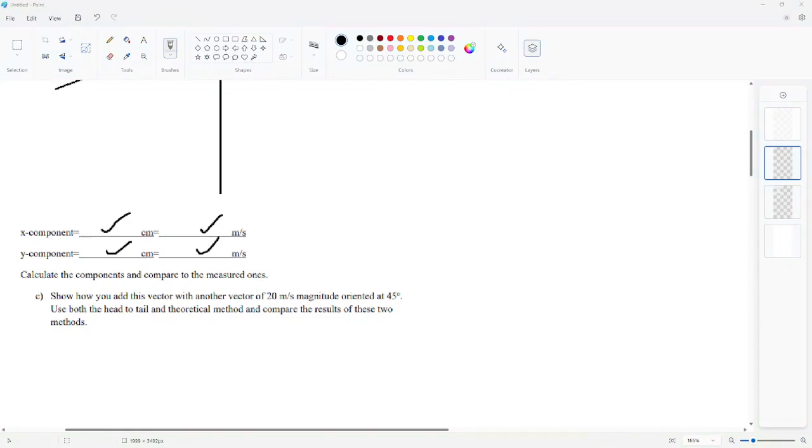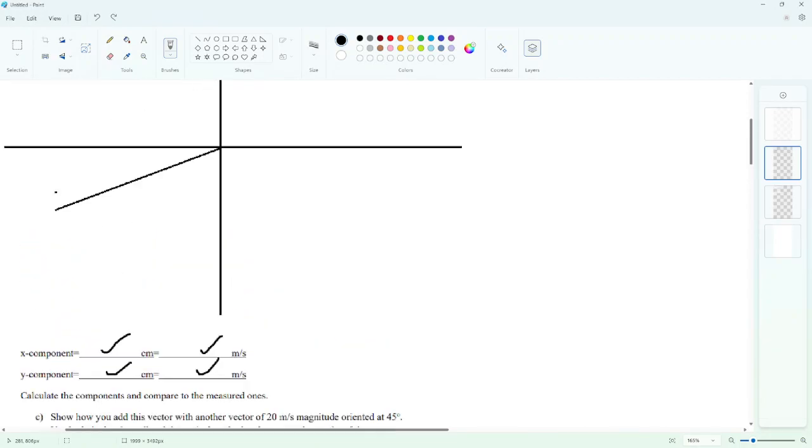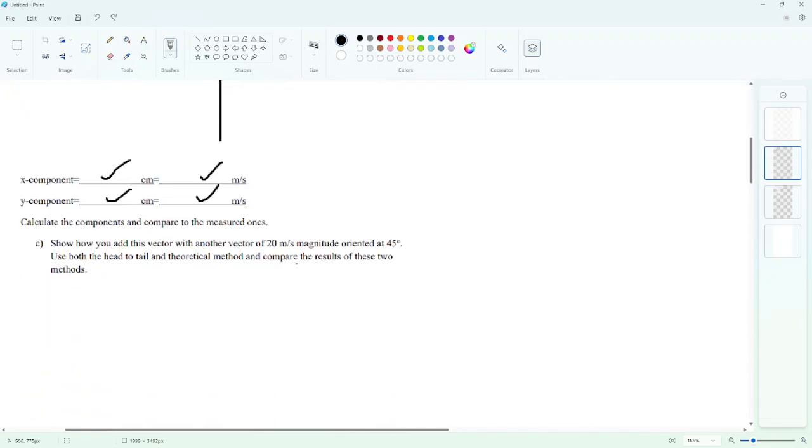Okay, some of you may be asking, what's the theoretical method? Because I certainly am. So I had to go look it up really quickly, and I found that the theoretical method is simply the method where you use trigonometry and math to calculate the resulting vector.